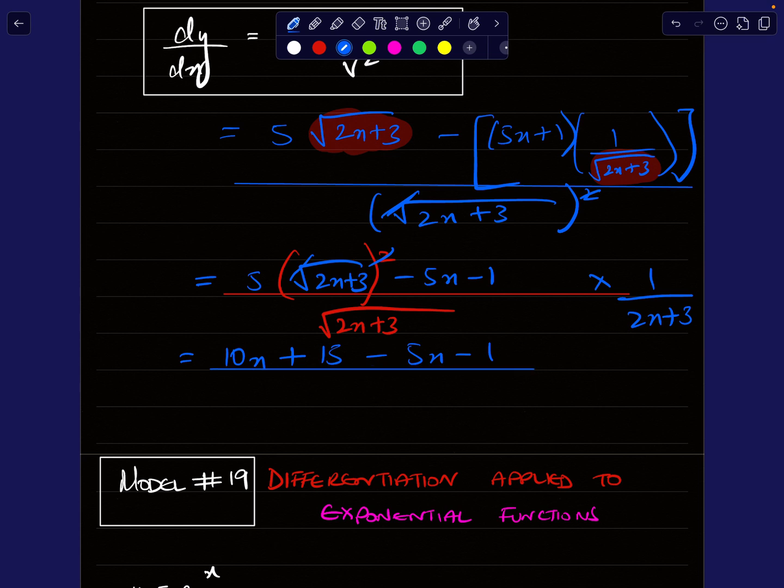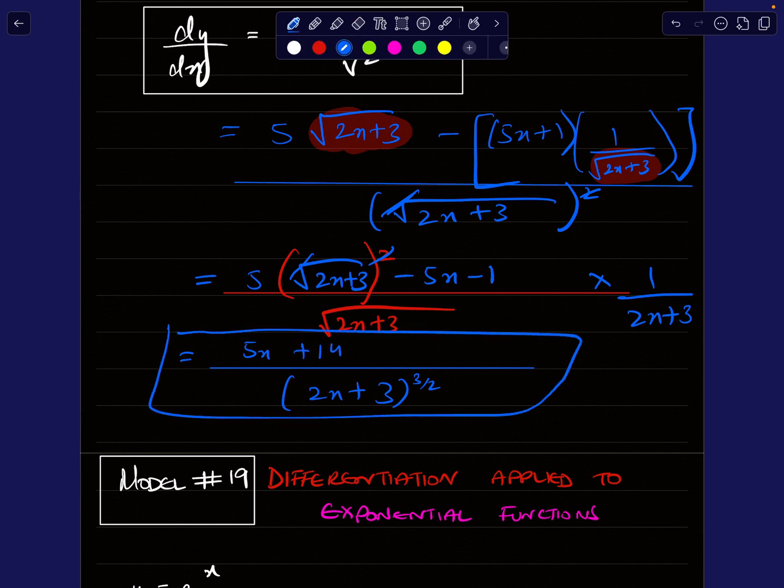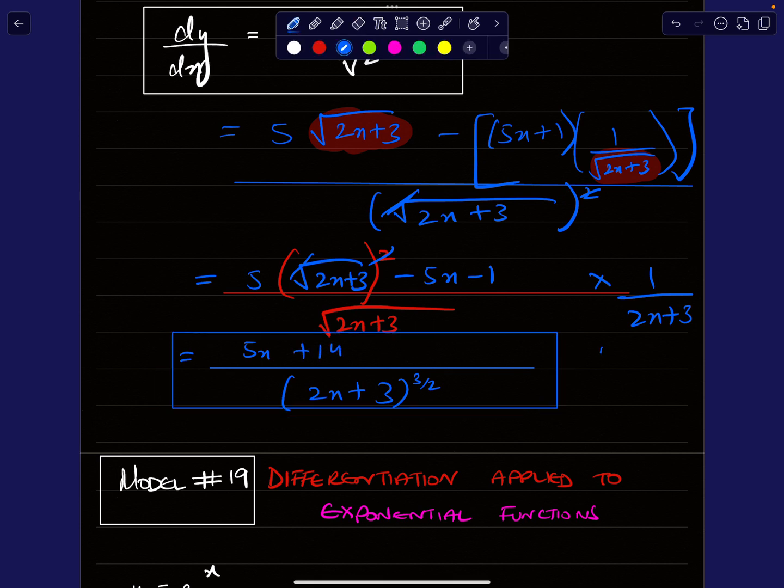And I can rewrite the denominator as 2x plus 3 to the power of 1 plus half, which is 3 over 2. Simplifying the numerator, let's do this one by one. 10x minus 5x is 5x plus 14. And this is my final answer.